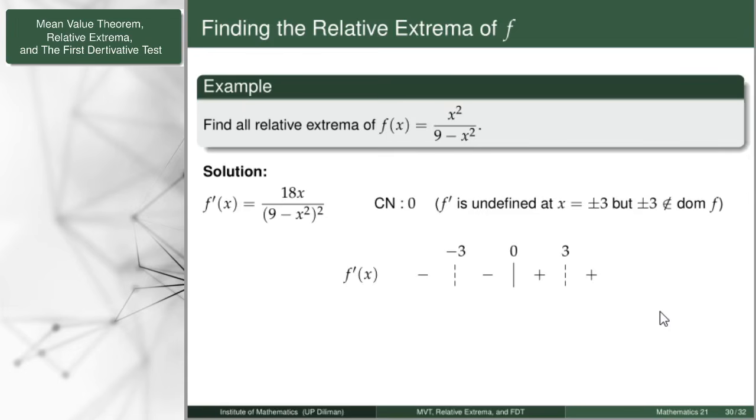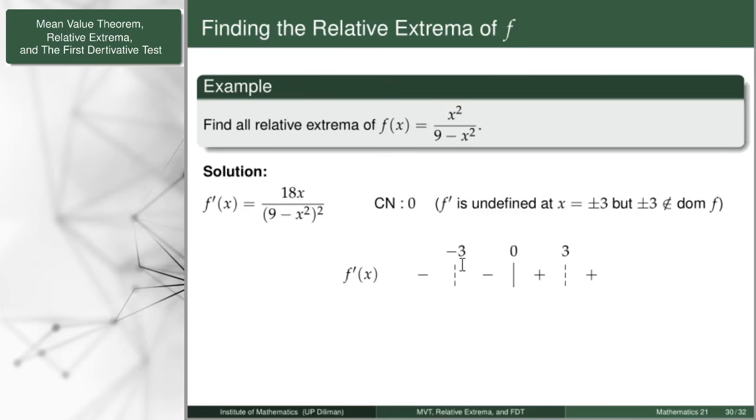However, when you make the table of signs, you still include negative 3 and 3. A good question is why? It is because of the intermediate value theorem. Remember, a very important assumption here is continuity. So we included 3 and negative 3 here, not because f is undefined, but rather because f prime is discontinuous at 3 and negative 3.